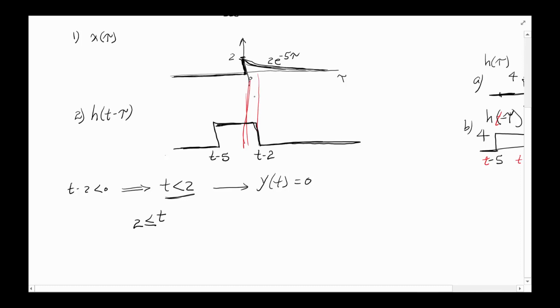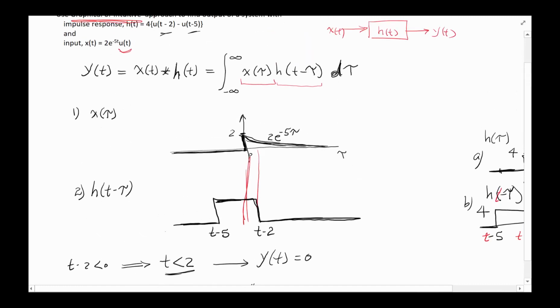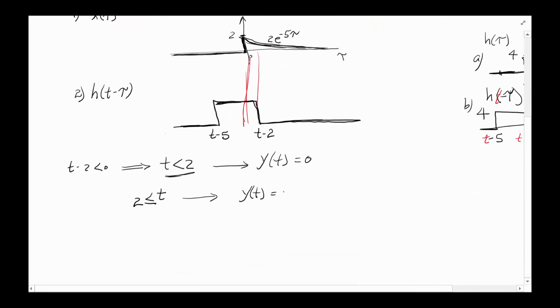non-zero h of t minus tau and non-zero x of t, which means now in order for me to find y of t, all I have to do is write the integral. And which integral? We're writing this integral. But the limits are going to be, non-zero starts at 0, and you finish at t minus 2, the front end of that.